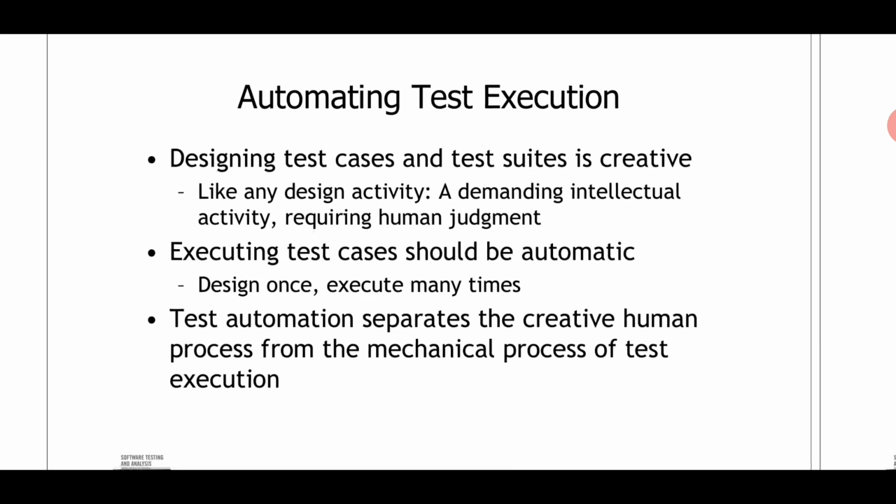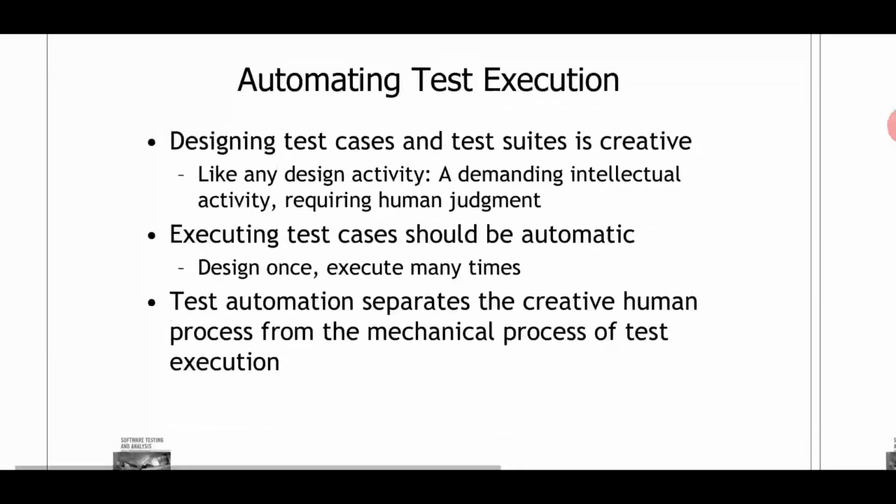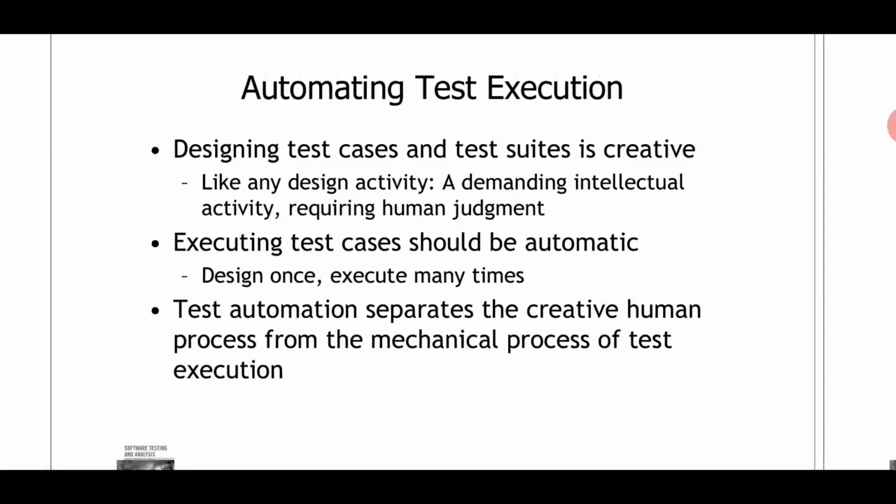Compare this with executing a test manually. You give a command and execute the test, and you do the same thing day by day, every day. It is something like mechanical work. But when you conduct test automation, it separates the creative human from that.